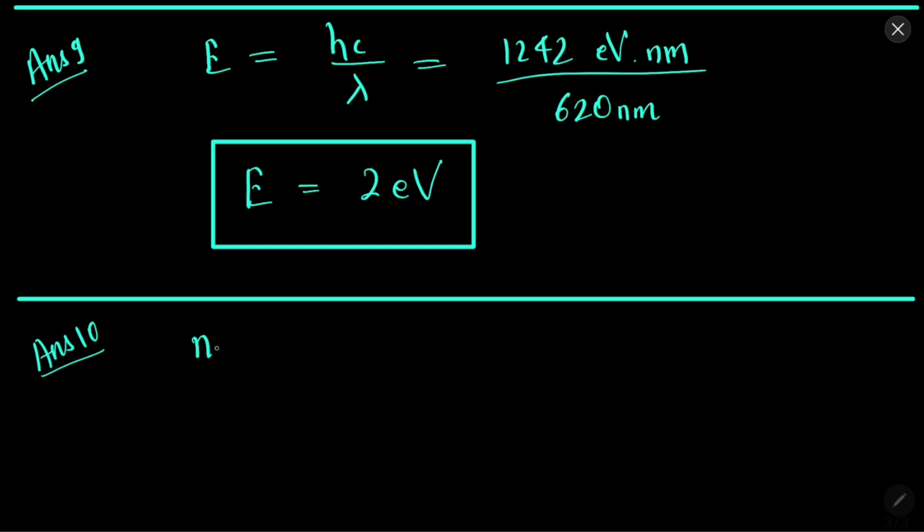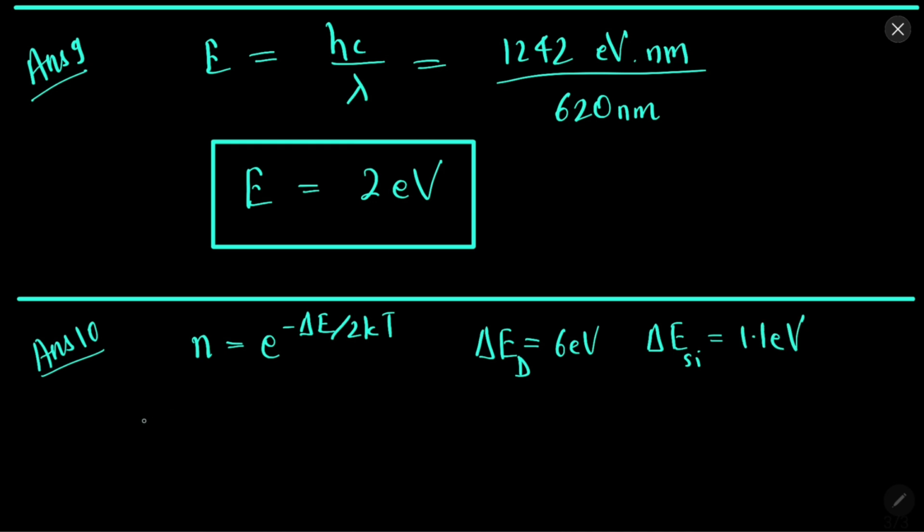So first of all, it is given that N, the number of electrons, is equal to this much. Now del E for diamond is 6 eV and del E for silicon is 1.1 eV. So for diamond, let's put the value at the place of del E, 6 eV over 2kT.